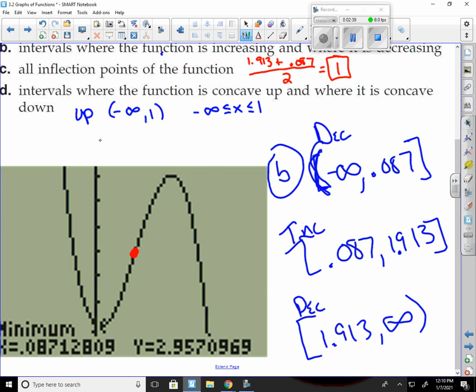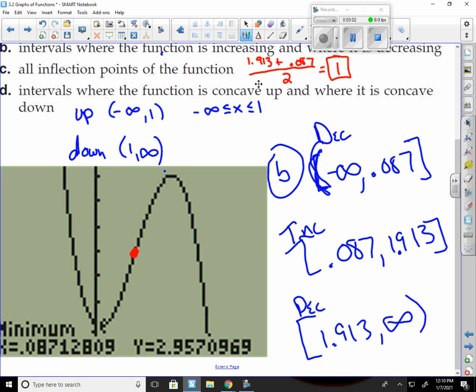I'd be fine with either way. And then it's concave down from 1 to infinity. So from here on, it's always going to be concave down, whereas before, concave up was from all the way back here to 1.